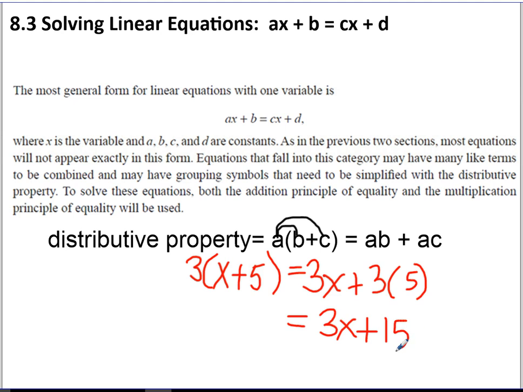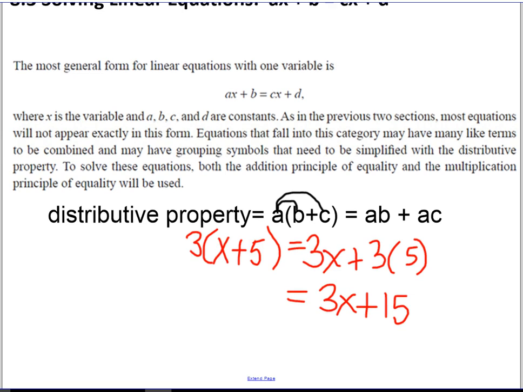So what's on the outside of the parentheses gets multiplied to everything inside the parentheses. And again, note that there's nothing in between the 3 and the parentheses. So again, you can think of an invisible multiplication sign there.